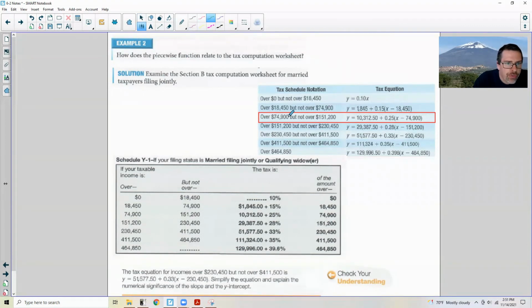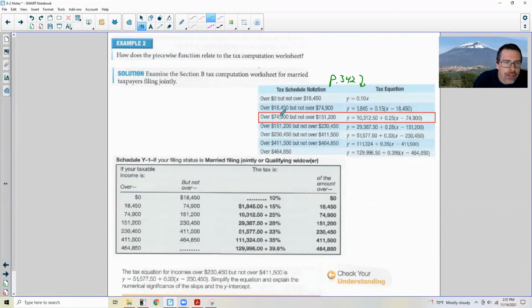So over 74,900, this came from the textbook, from page 342. This table right here. So they gave a tax schedule notation and they gave a tax equation.